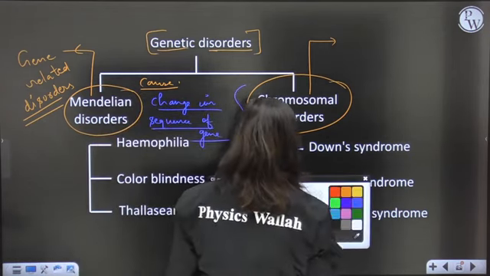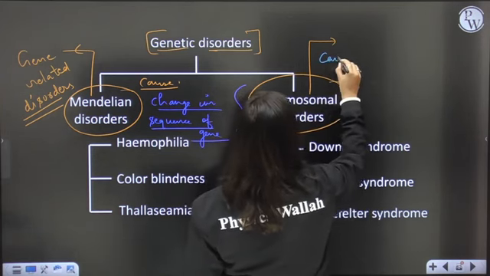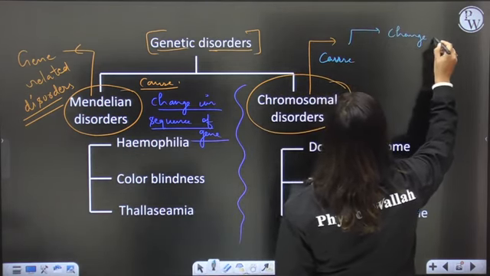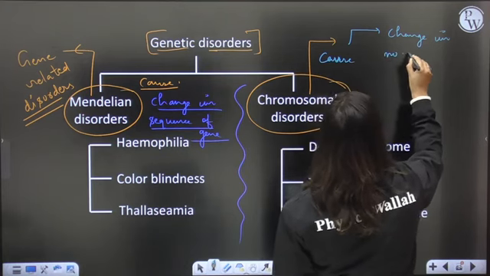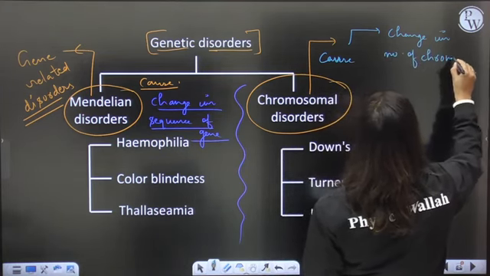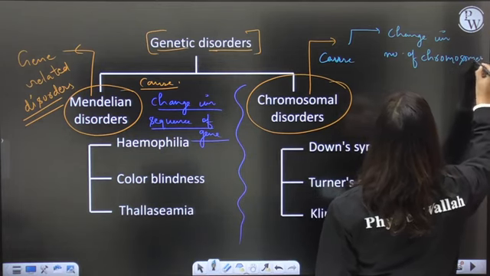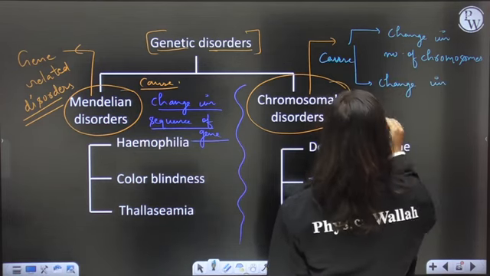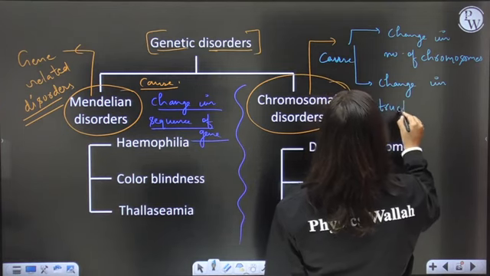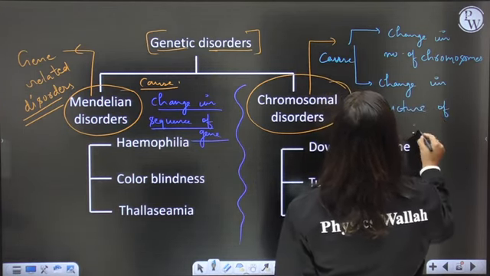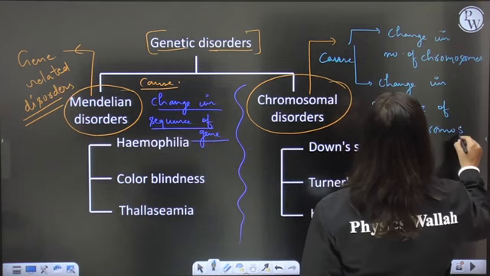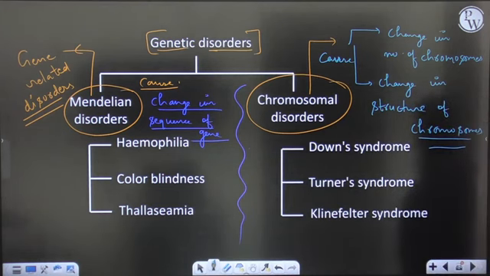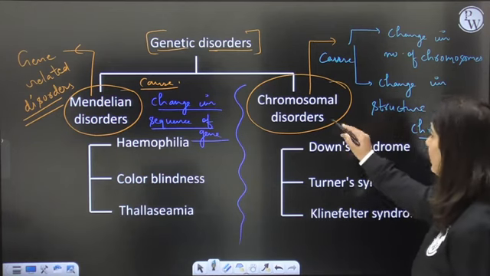But if the cause is either change in number of chromosomes or change in structure of chromosome, remember this: Mendelian disorder, change in sequence of gene; chromosomal disorders or non-Mendelian disorders.